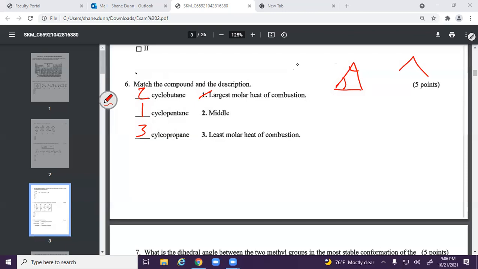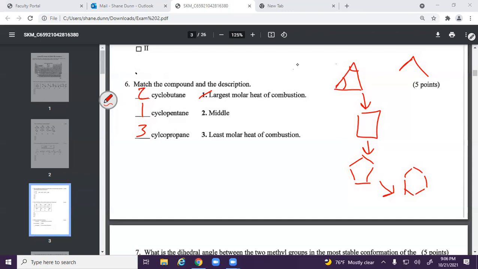So as you increase in ring size, you get more stable until you reach the pinnacle of existence, cyclohexane. Cyclohexane has no ring strain because all the angles are 109.5, which is ideal.